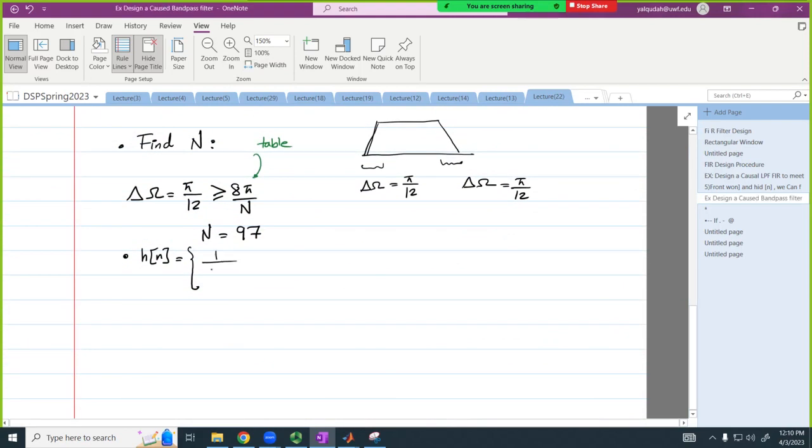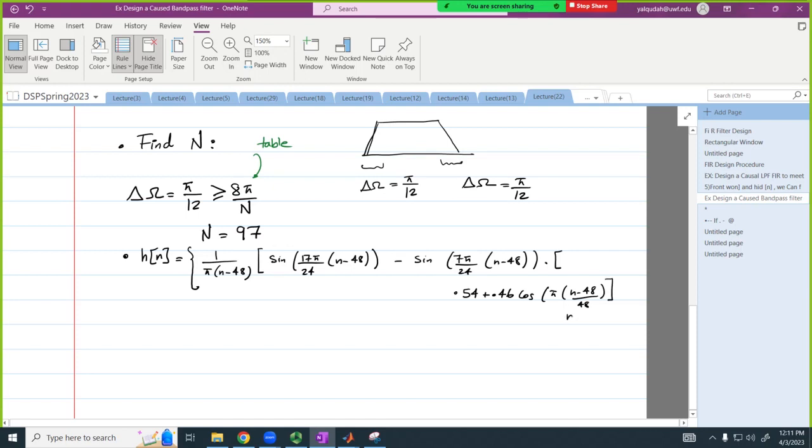is going to equal 1 over pi multiplied by n minus 48 multiplied by sine 17 pi over 24 multiplied by n minus 48, minus sine 7 pi over 24 multiplied by n minus 48, multiplied by 0.54 plus 0.46 cosine of pi of n minus 48 divided by 48.